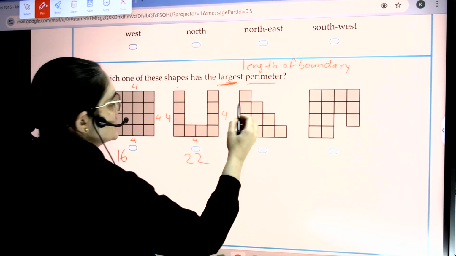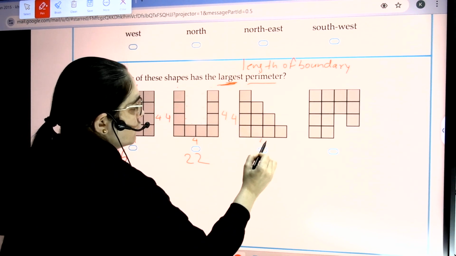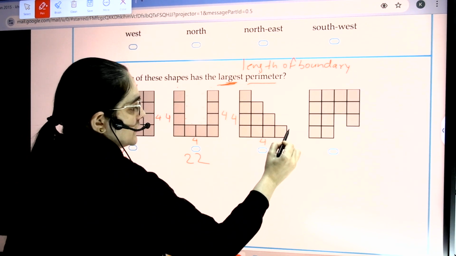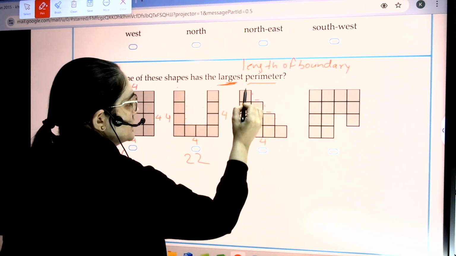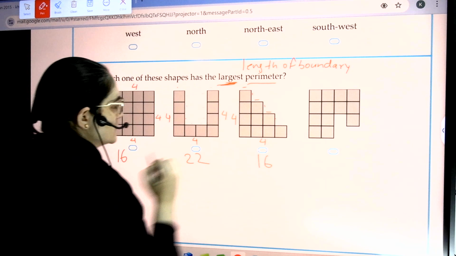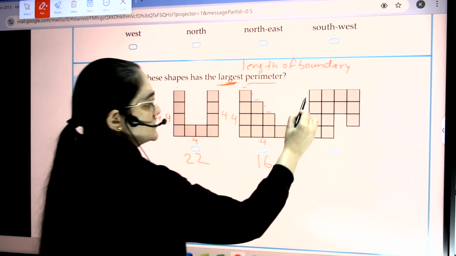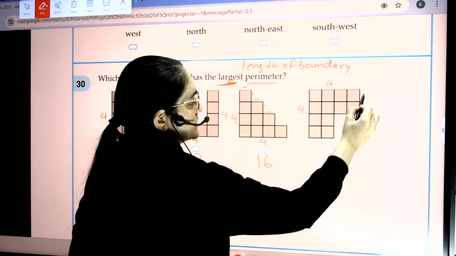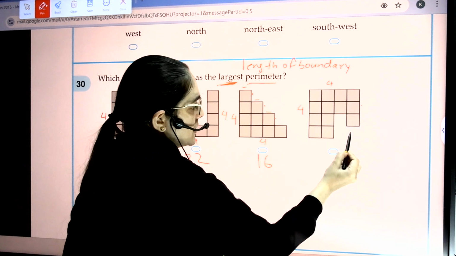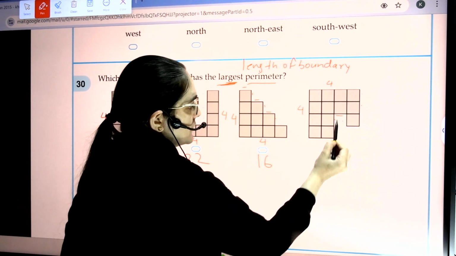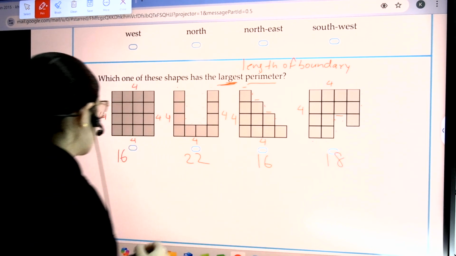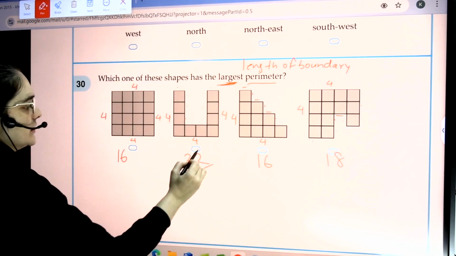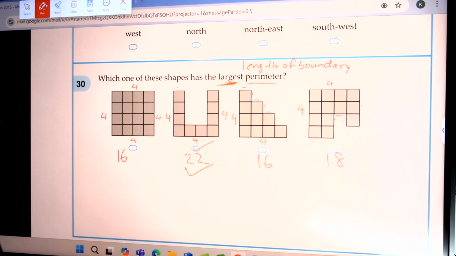Then let's check the next one. 4, 4, which is 8, 9, 10, 11, 12, 13, 14, 15, 16. So this makes it 16. Then this one is 4 plus 4, 8, 9, 10, 11, 12, 13, 14, 15, 16, 17, 18. Okay, so which one is largest? I think the second one is the largest perimeter, which is the correct answer.